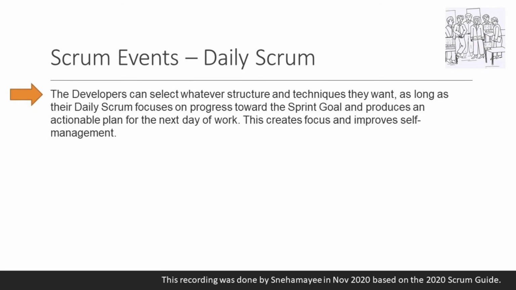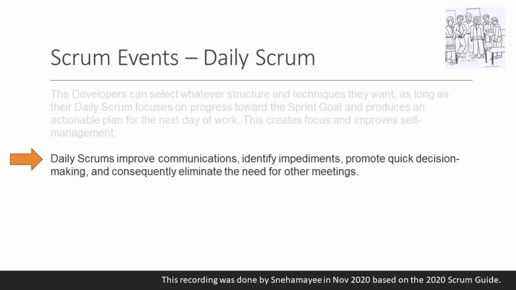The developers can select whatever structures and techniques they want as long as their daily Scrum focuses on progress towards the sprint goal, and produces an actionable plan for the next day of work. This creates focus and improves self-management.